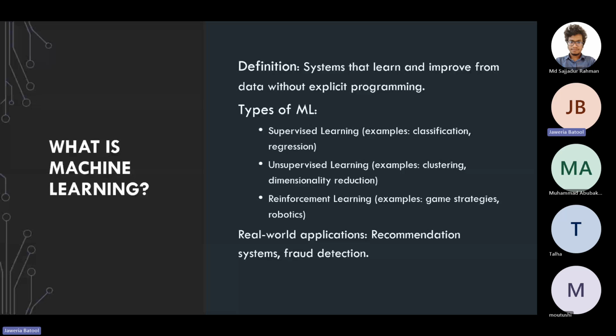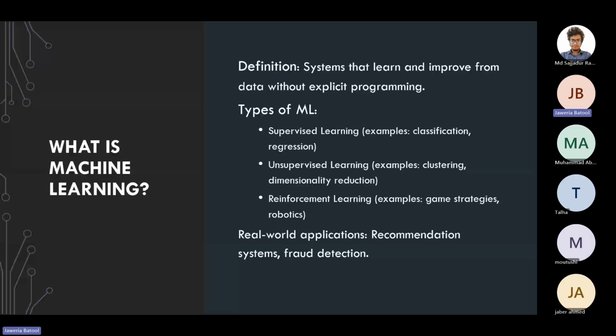In unsupervised learning, the goal is to uncover hidden patterns in data, like clustering customers based on purchasing behavior. Reinforcement learning is different in that agents learn by interacting with the environment, receiving rewards or penalties, as in training AI to play chess.